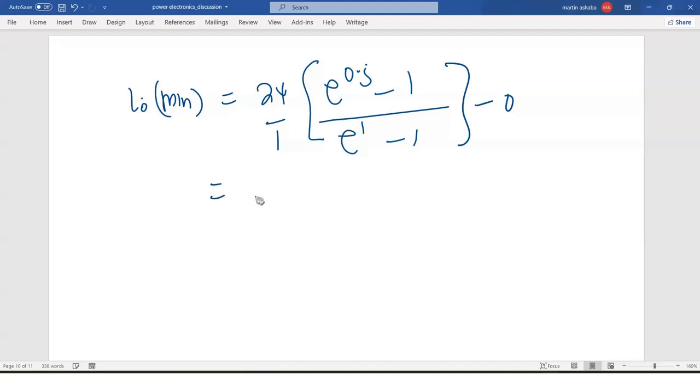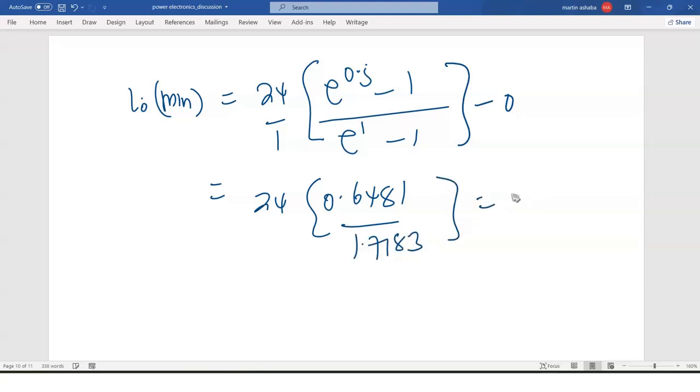So this is going to be 24 into 0.6481 divided by 1.7183, and this is giving me 9.05 amps. So that is the I min.